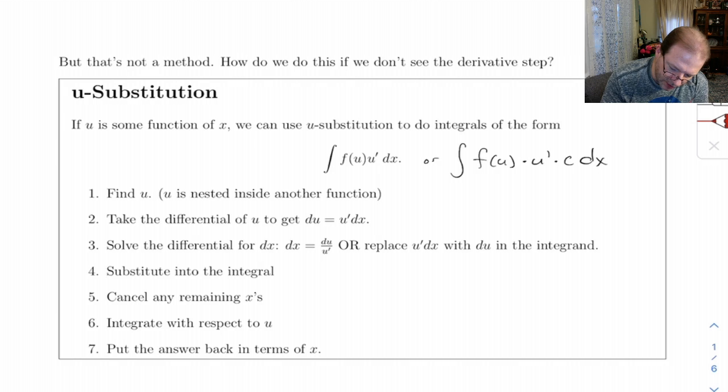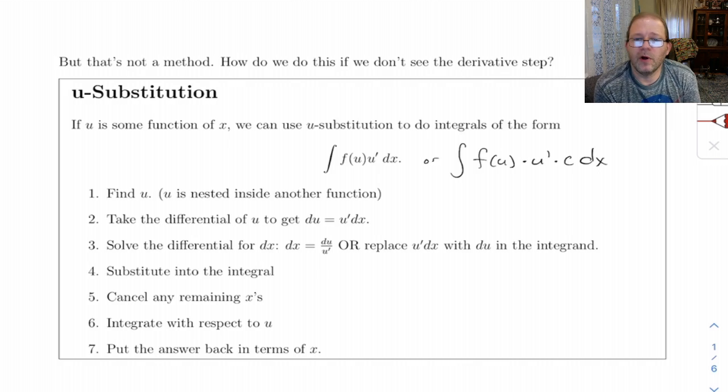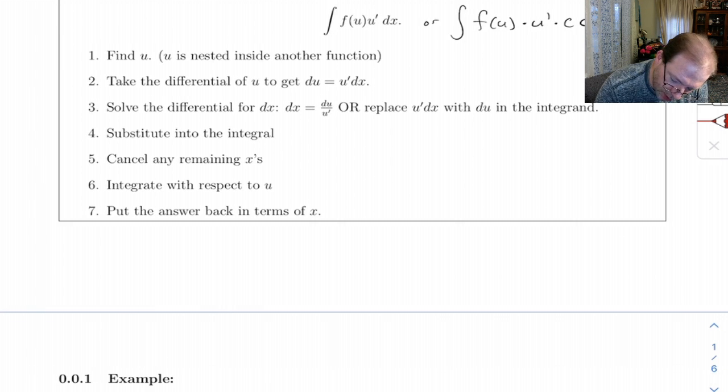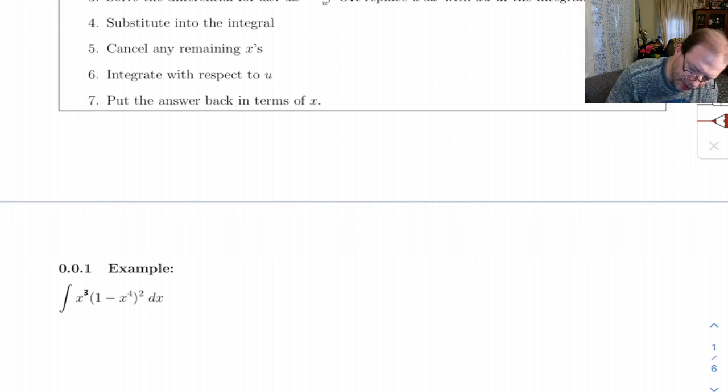So we've got a set of steps that we would take to do u-substitution. Now, I don't want to read through all those steps because I don't think reading through them is going to be useful until we look at an example. So let's look at this first example.